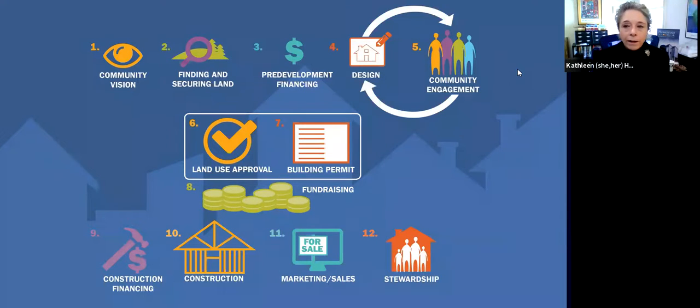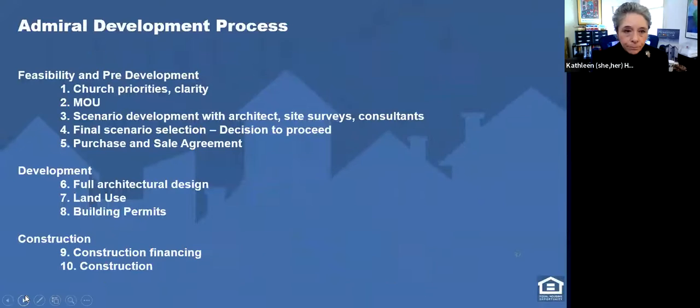All along the way, while we're doing land use and building permits, we're doing those funding applications to get the money to build the project. And then we have to go out and get a construction loan. We have to do the construction and then we have to sell. But then we stay in relationship with the project forever. That's the Community Land Trust model, is that we would own the land and we would continue to be in relationship with both the church and the housing forever.